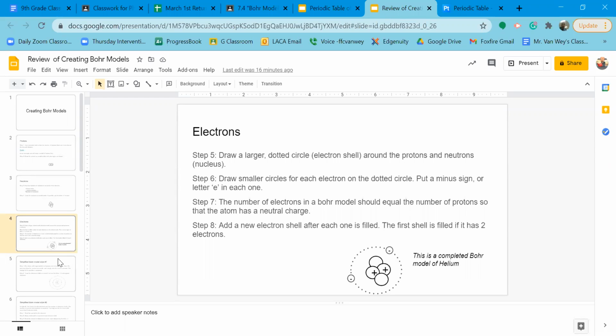Now, some atoms just become way too difficult to draw when you try to draw each proton and each neutron. There's just too many things to draw, and your drawing has to be huge for you to be able to see what's going on. So we have this simplified version of a Bohr model.